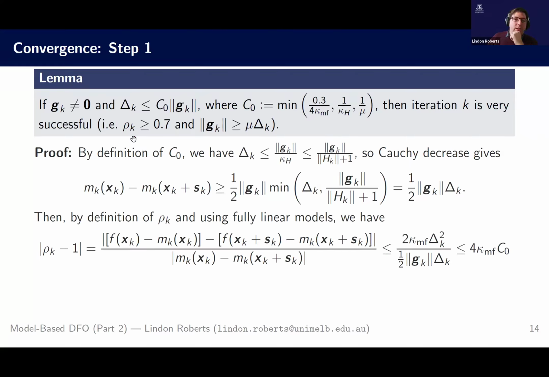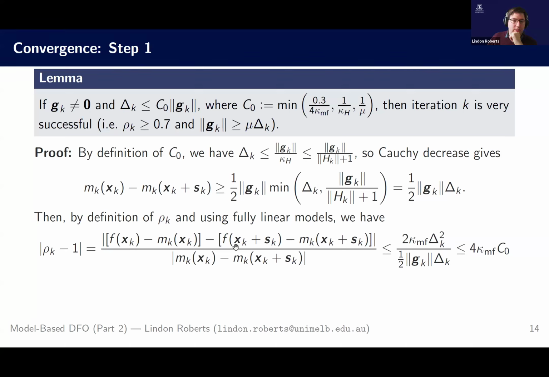Then what we can do is estimate the value of rho k. Specifically, we estimate how close rho k gets to 1, which is kind of the optimal value. Well, if we rearrange what rho k minus 1 is in terms of absolute values, we've got a whole bunch of differences. We've got 2 differences of function values relative to the model in the numerator. We've got our model decrease in the denominator. The model decrease is bounded by half times the norm of G times delta.